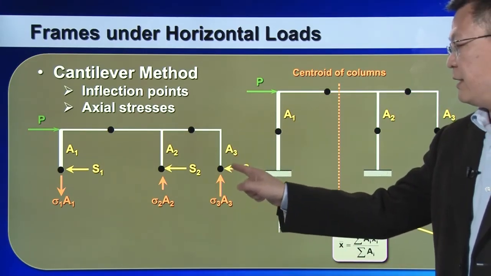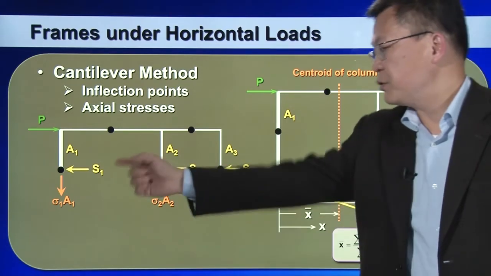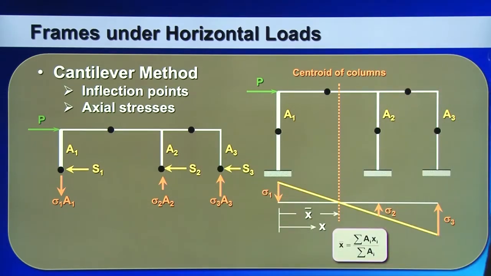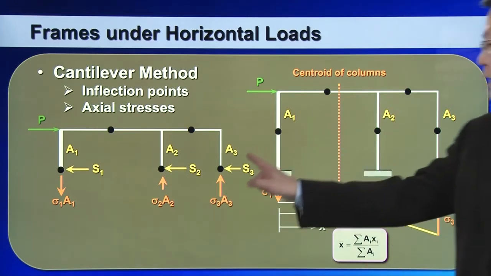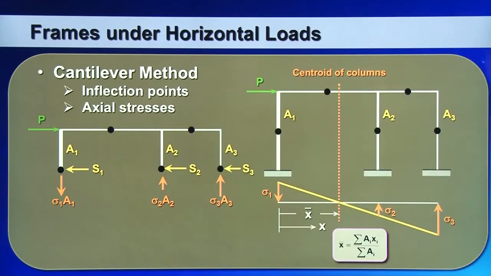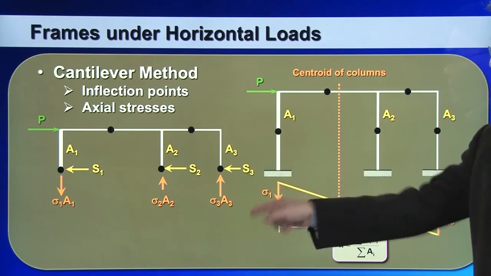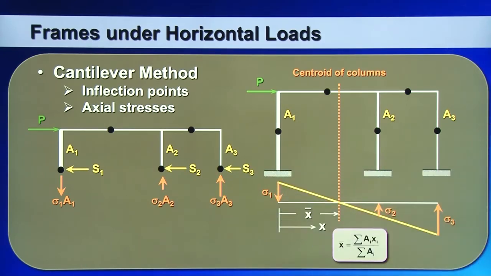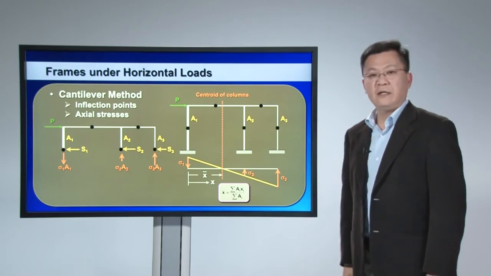So you can calculate the unknown and then obtain all the axial forces that act on these portions of the structure. After that, you can use the free body diagram for any part of the structure and then obtain shear forces and carry on with your analysis. So this is the cantilever method.